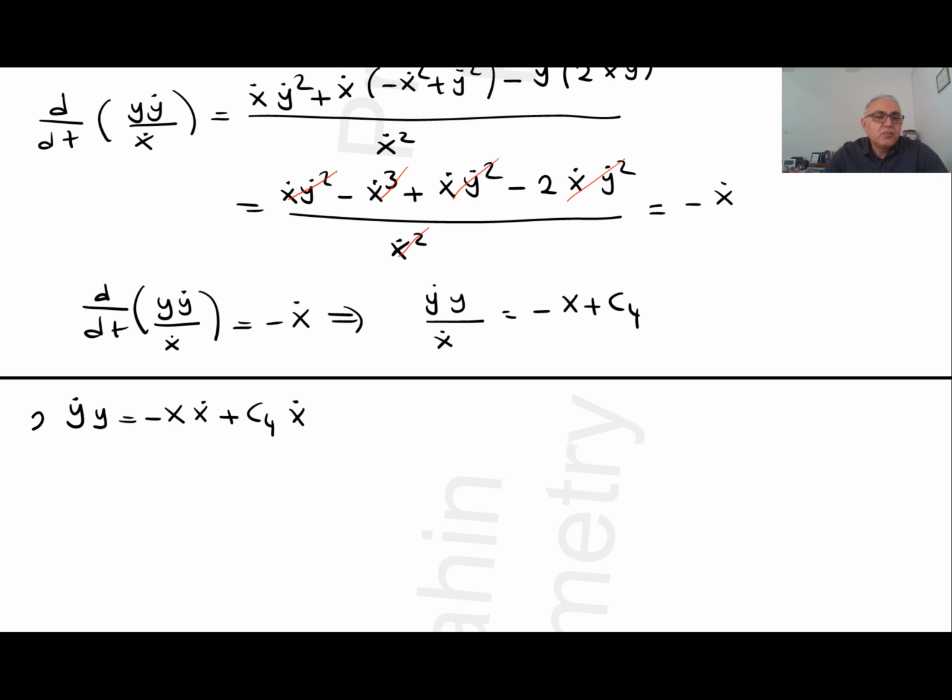If you multiply this by 2, so you have this one, negative x square derivative plus 2 times c4 x derivative. So from this we obtain this one.